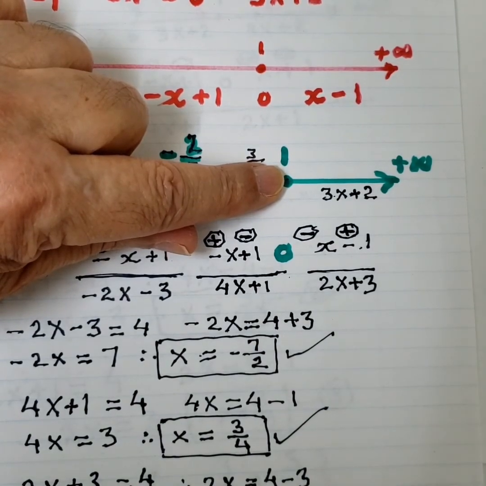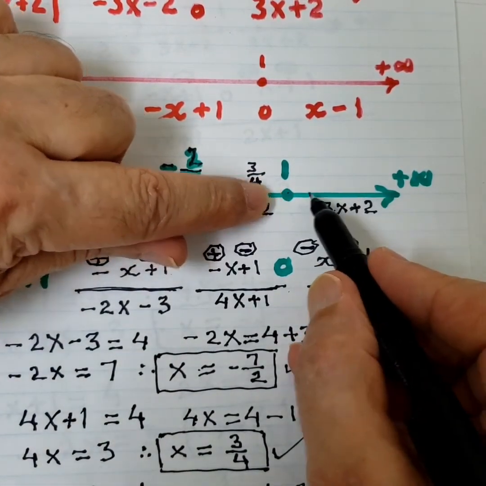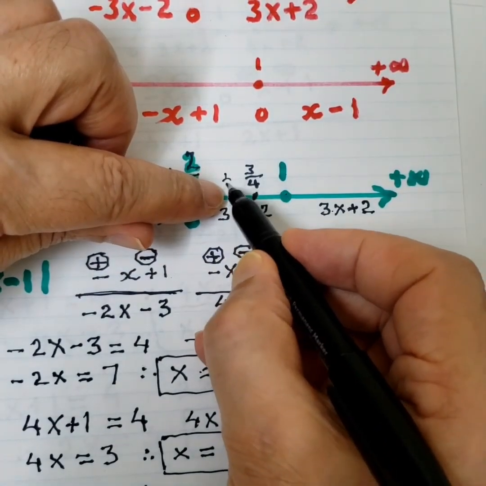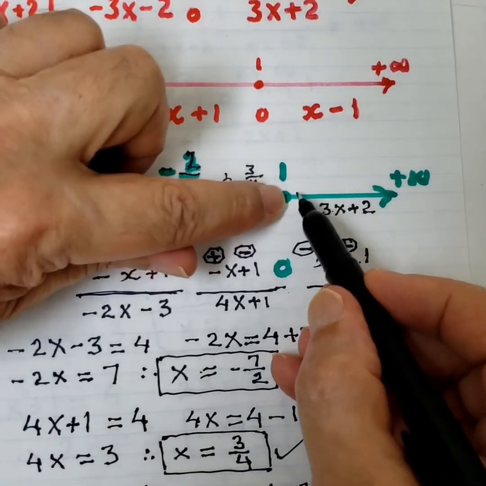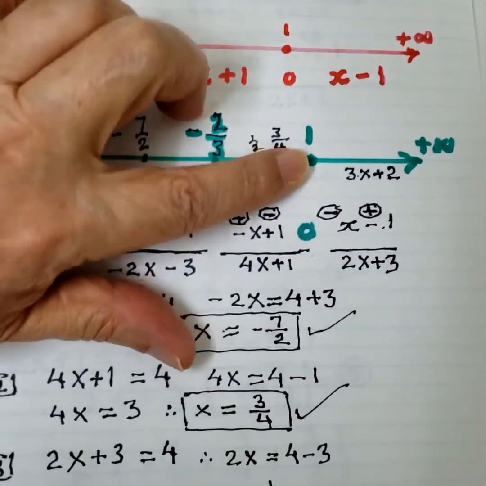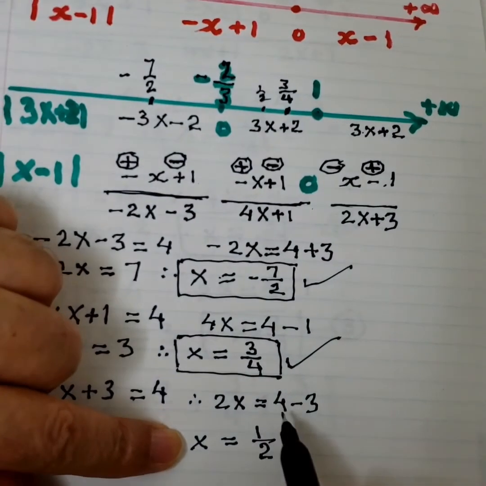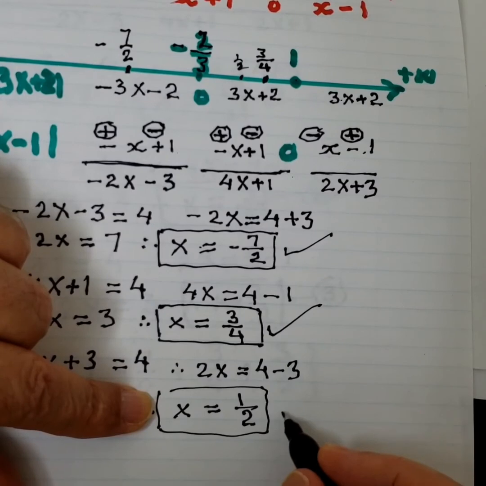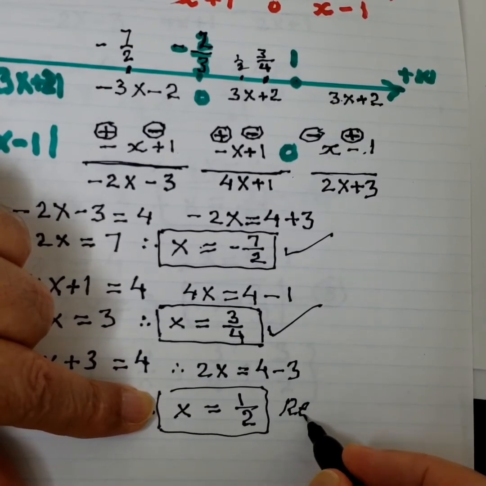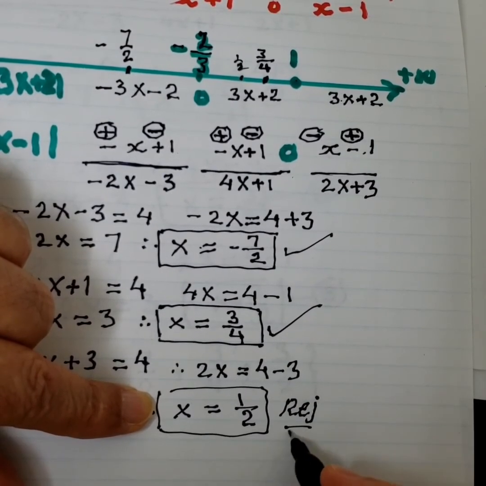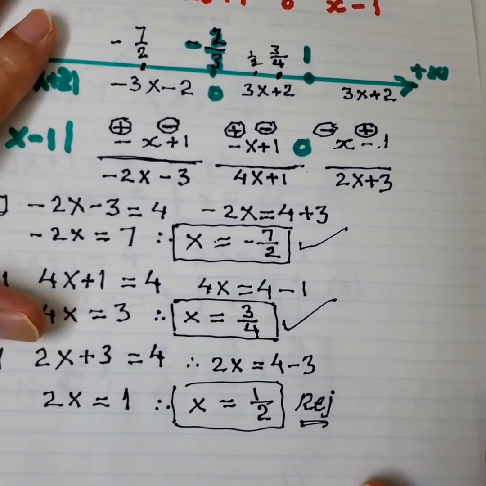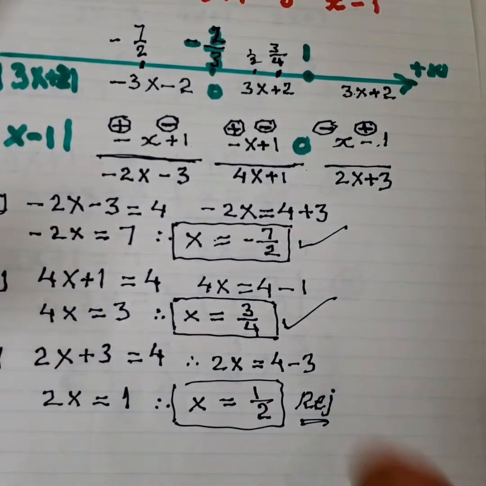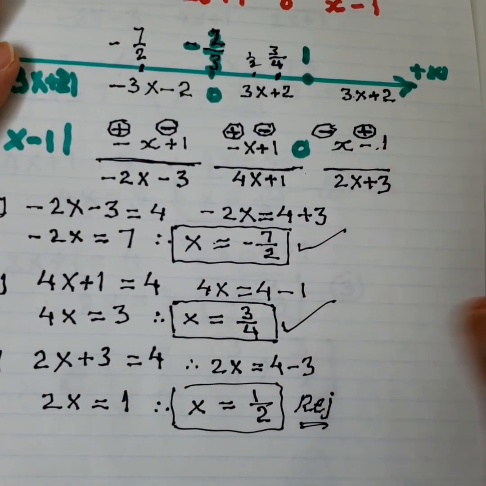Does this answer lie in this interval? No, it's not, because it's a half. The half should be here. So it's not lying in the interval of this rule. So this answer will be rejected or refused, because it's not lying in the interval relating to the rule here. So we have only these two answers.